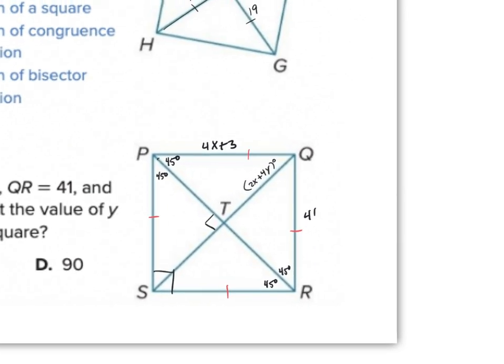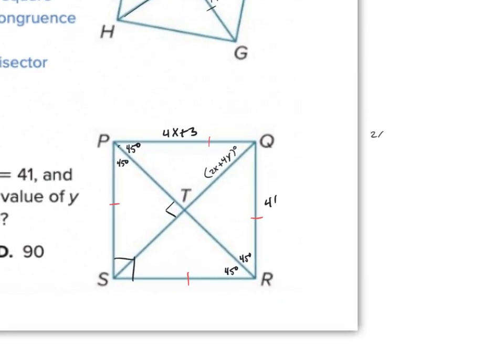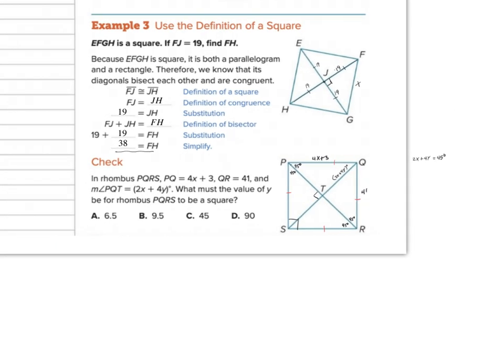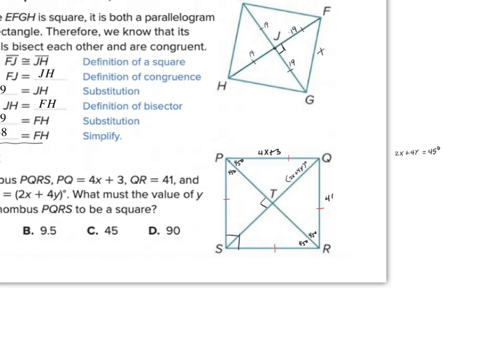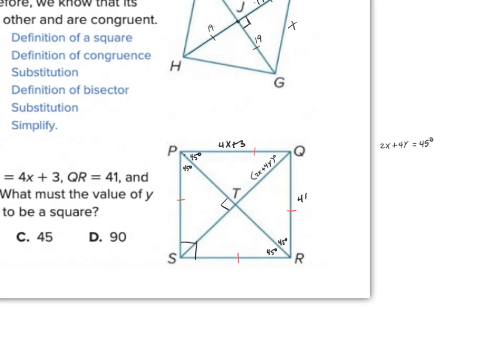I have two variables in there, and that's chaos. We can't solve for two variables at one time, but I do know that those two things equal 45 degrees. So let's see here. What must the value of y be for the rhombus to be a square? Okay, so for this to be 45 degrees, it would be a square.